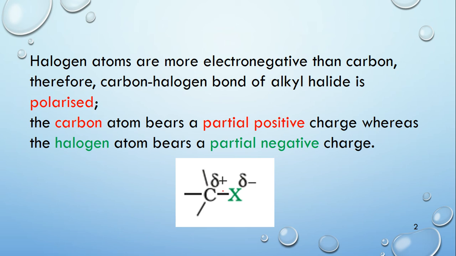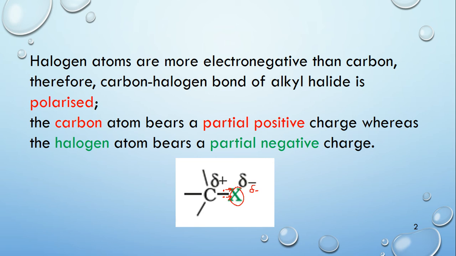You have an electron pair in between the carbon and halogen atom. The halogen atom, being more electronegative, pulls this electron pair towards itself. As the electron pair is pulled across to the halogen atom, it has more of the negative charge, which is shown as delta negative.